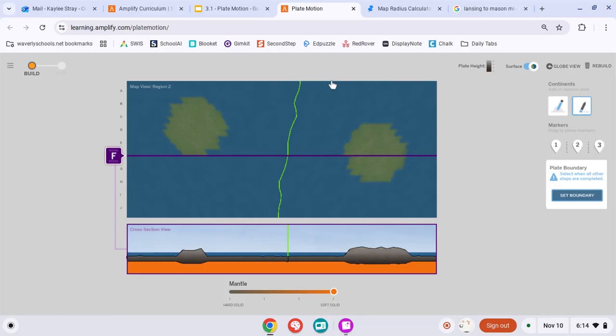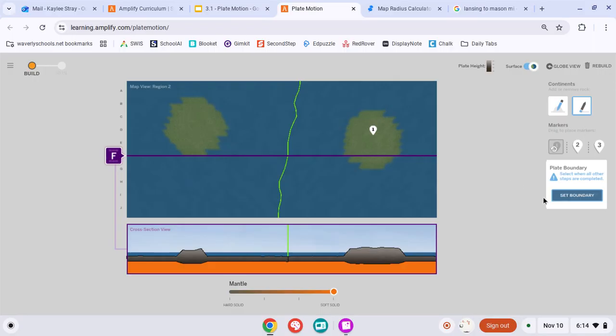So here I have our simulation. I have added 2 continents, and then we're also going to drag one of these markers on. These markers are just a good way of tracking how far the plates move over the time period when we click run.